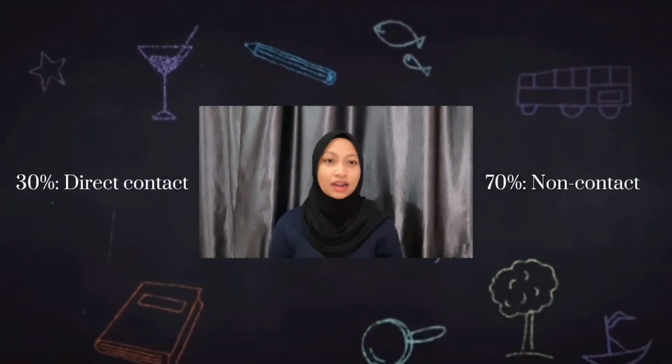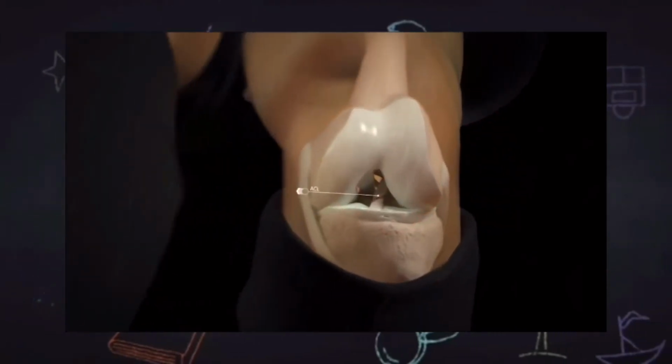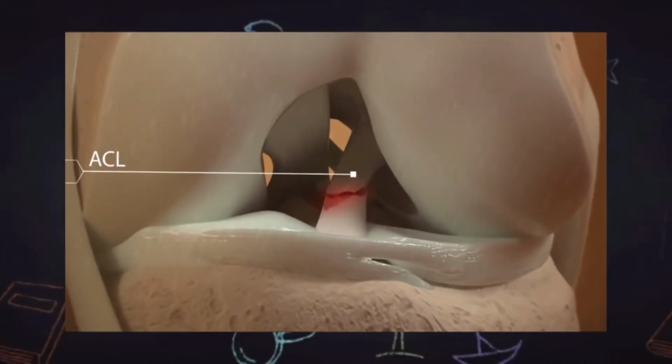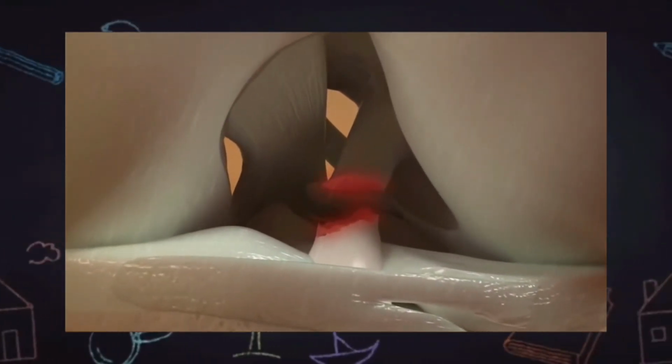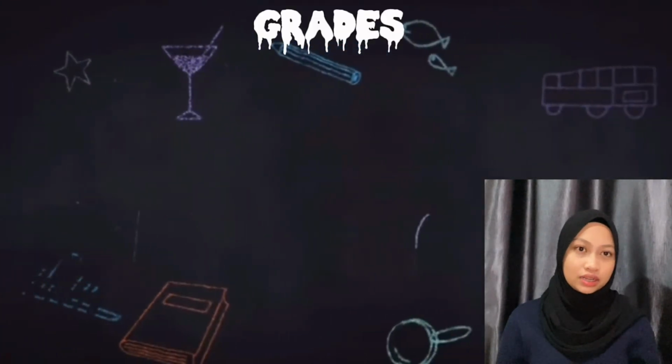For the mechanism of injury, 30% of the cases are direct contact and 70% of the cases are non-contact. Mostly it is a non-contact deceleration where the athlete suddenly turns to the opposite side of the planted knee and injures it. Let's move to the grades of injury.